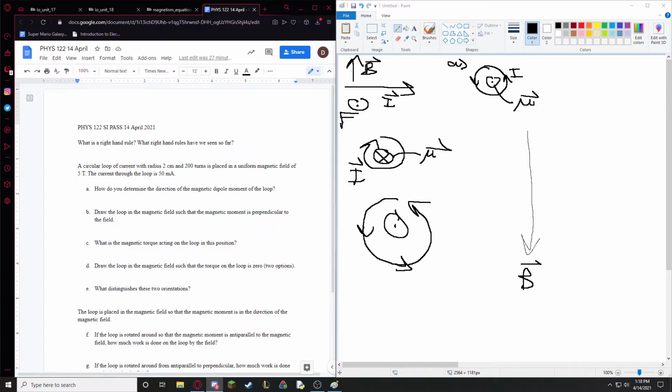All right. So, how would we go ahead? There's actually multiple options here. How could we draw our loop so that the magnetic moment is perpendicular to the field? There's multiple right answers.